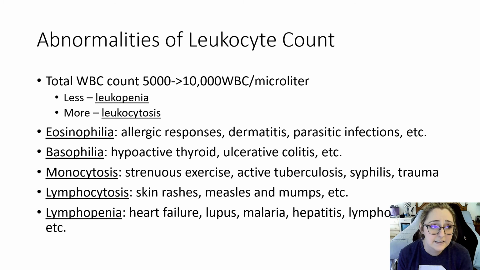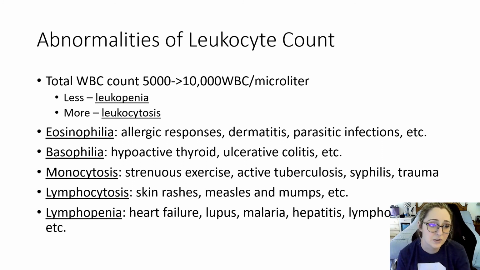Here is a list of abnormal white blood cell counts. So this kind of goes hand in hand with leukemia, which I don't believe I necessarily talk about, but do kind of keep that in mind. Your total white blood cell count should be between 5,000 and 10,000 white blood cells per microliter.